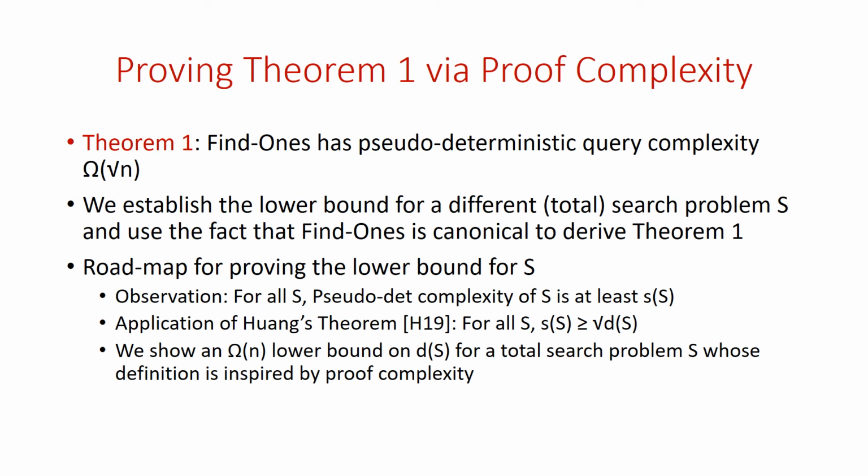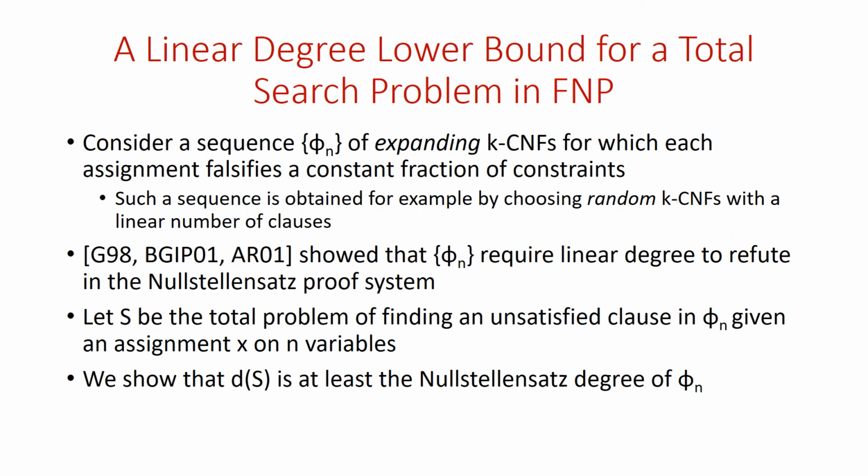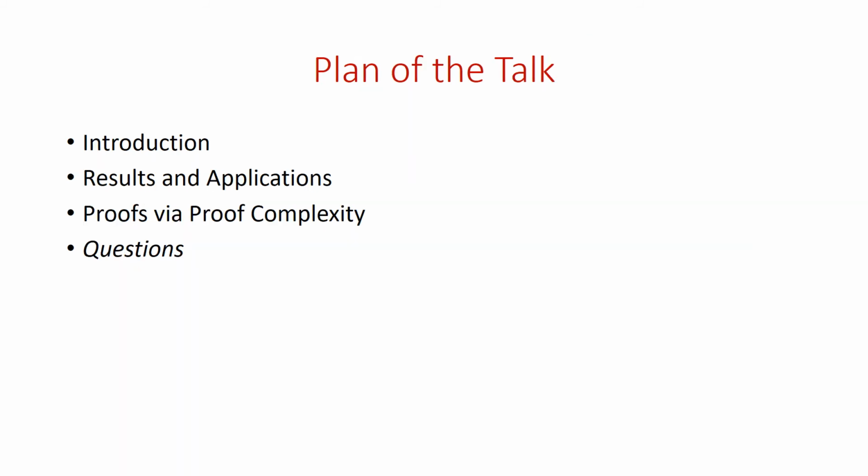And then going back, that's the lower bound that we get. So that's just a short high-level description of how the proof of the main result goes.